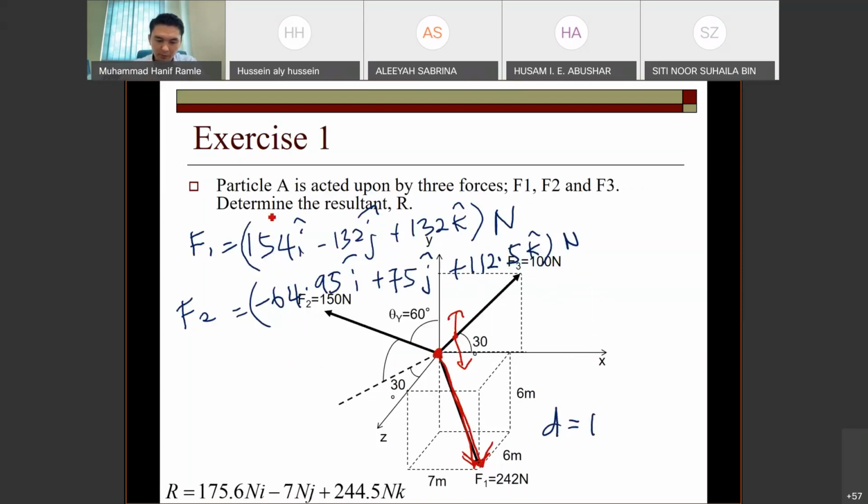So it is positive, and Z should be positive as well. From origin to this side, this is positive, and this one is X, and this one is Y. So this one is positive, and negative.